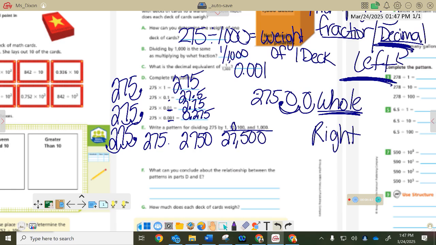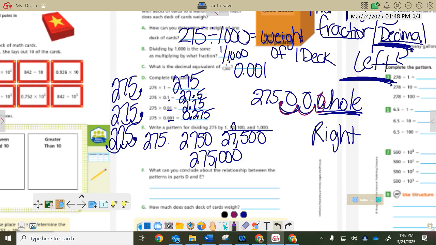And 1,000, we have to move 3 places. Decimal here, 1, 2, and 3. Gotta put another 0. So that's 275,000.